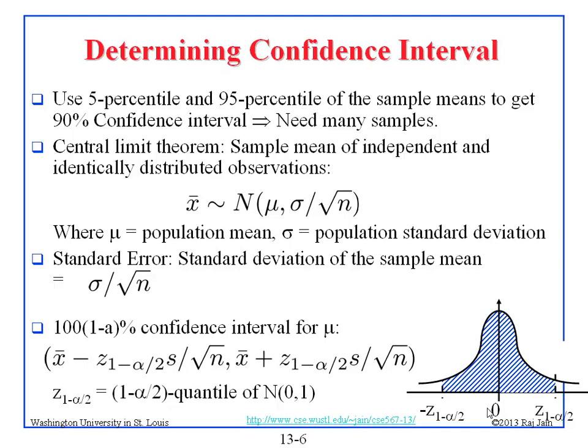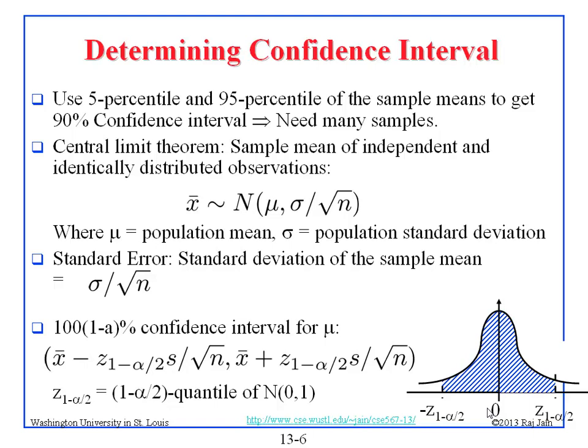One is that since this sample came from that distribution, it really is normally distributed with mean of mu. All right? So that is one thing we know. Second thing is we found the standard deviation.